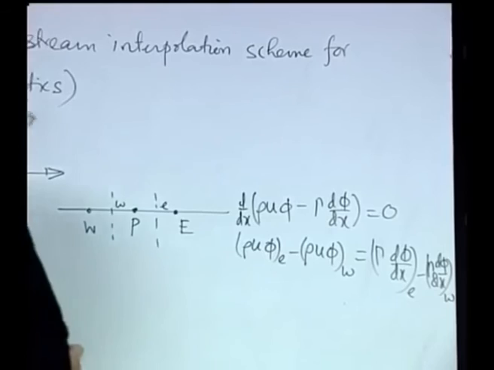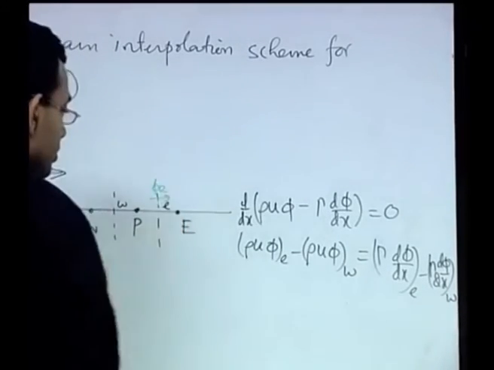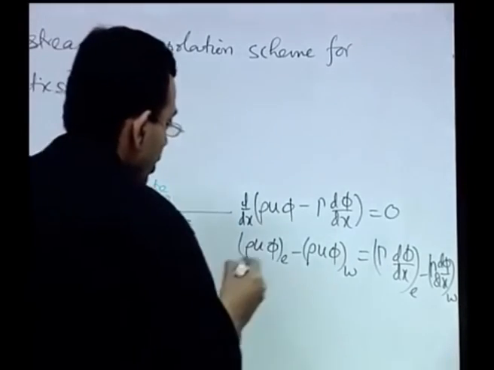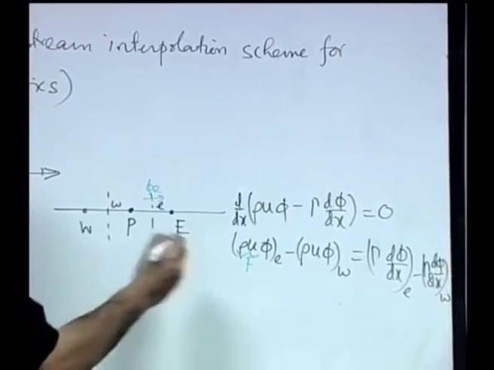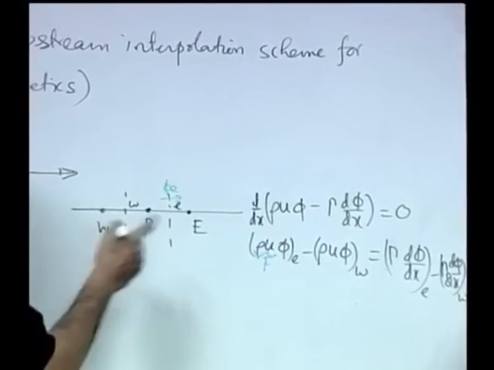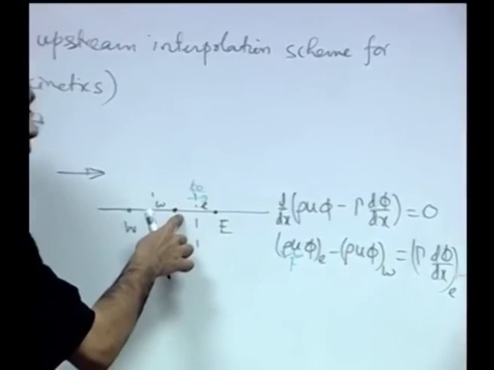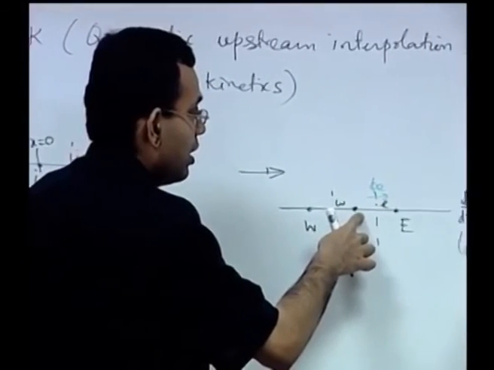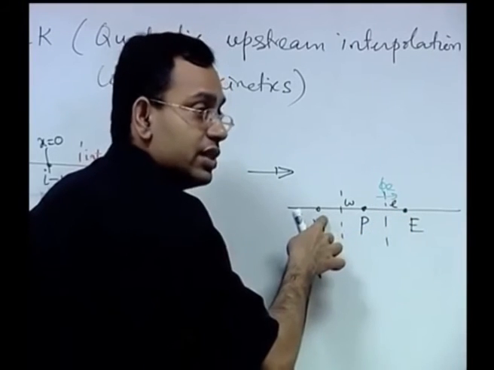So, you require phi at small e. Remember rho into u equal to f. So, the first term is f e into phi at small e. So, with respect to small e, I minus 1 is p, I is e and I minus 2 is w.